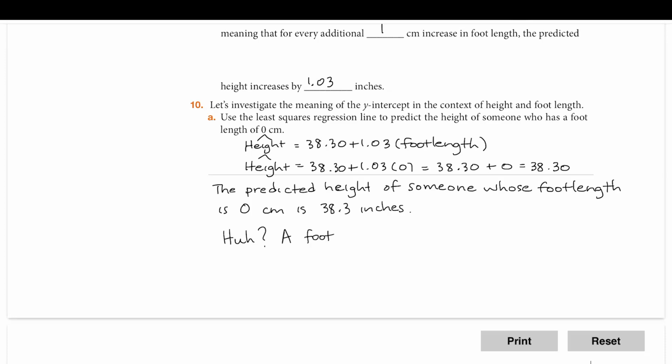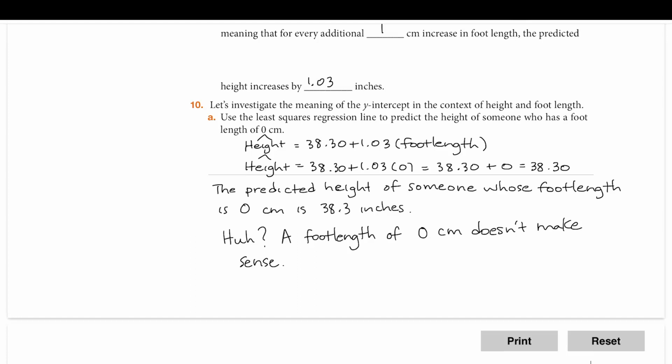So what does that mean? A foot length of 0 centimeters doesn't make any sense at all. In this scenario, at the scene of a crime, presumably the person is at a minimum a teenager, but probably an adult.